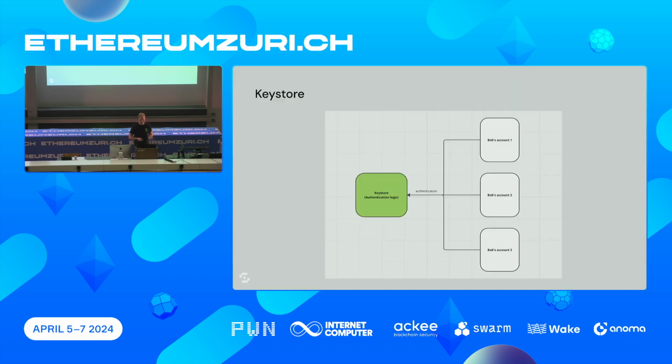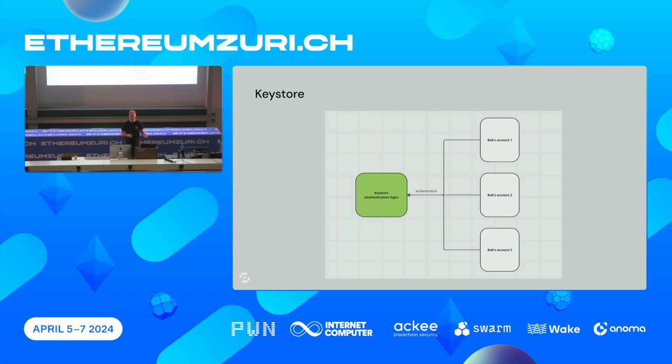And there the keystore comes into play, which basically says, let's single out a password manager from your accounts. You have your password manager, which stores the authentication for the accounts in a separate contract, and the accounts just derive their authentication from this keystore contract.